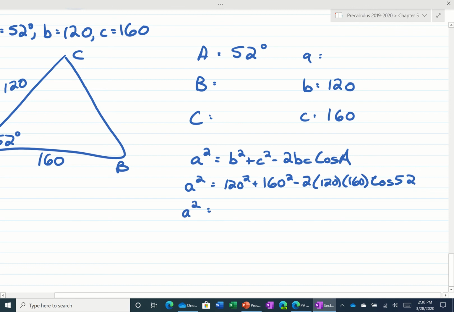So I'm going to type that into my calculator exactly like the way it looks. 120 squared plus 160 squared minus 2 times 120 times 160 times the cosine of 52. And this is 1635859 whatever. I'm not going to round that. I'm just going to type it into my calculator. Square root of the answer I just got, and I get 127.9.